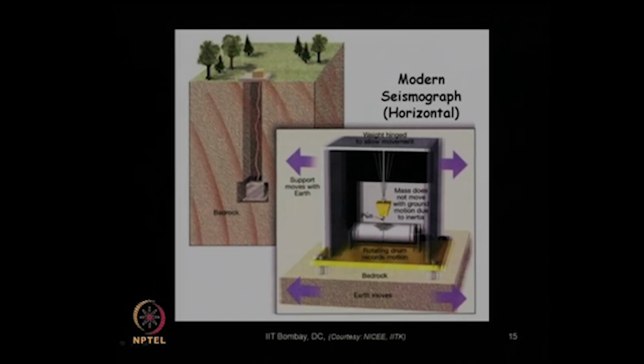So, when the earth moves in the horizontal direction, this support also moves. Automatically this hanging mass moves, and when it is moving, it records through the tip of this pen or pencil on the plain paper the movement like this. Is it clear?